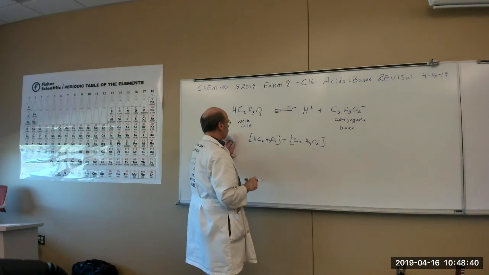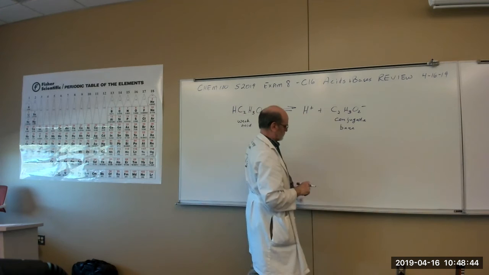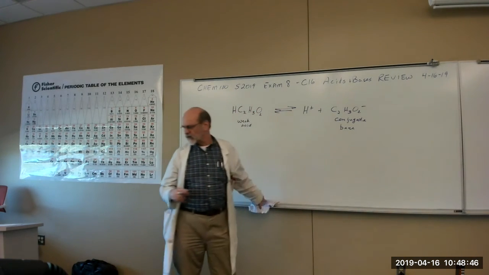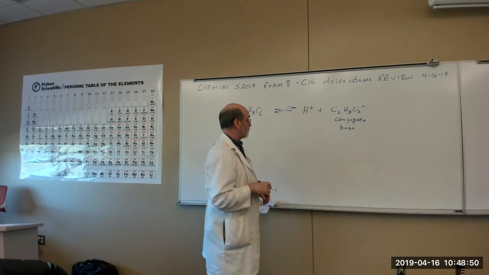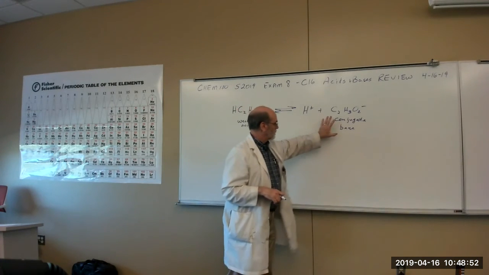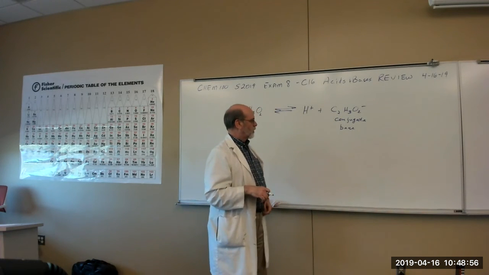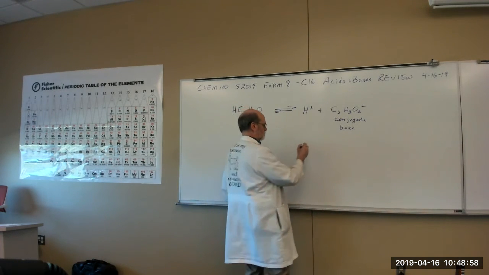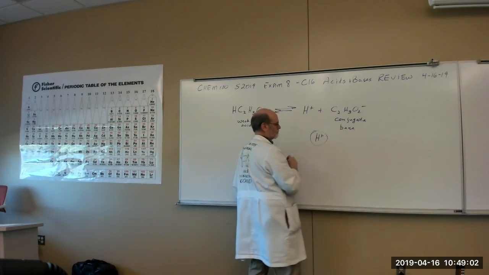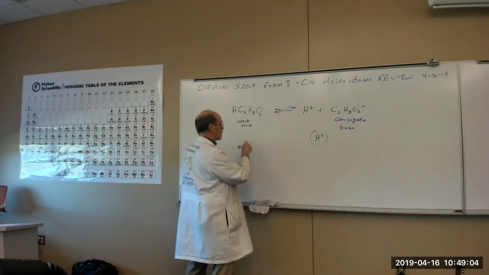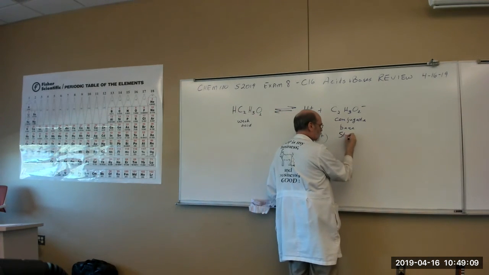Okay, so what happens when we add acid? I don't even know if this is part of the discussion, but it's interesting. If you have a buffer and you've got equal amounts of this one and this one, what happens when you add acid? Say we add more acid. What happens to that? Well, if this is a weak acid, what's this one? A strong base.